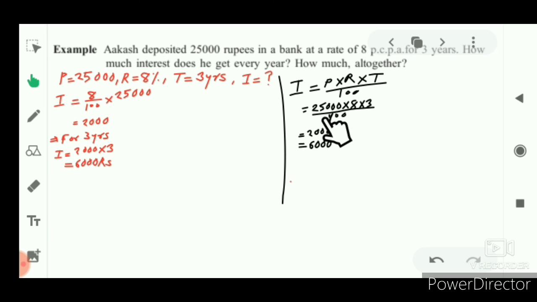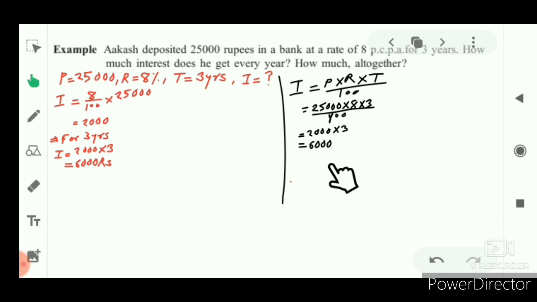So here principal amount is 25,000, rate of interest is 8% and time is 3 years divided by 100. So interest will become 25,000 into 8 by 100, that will give 2,000 into 3, that will give 6,000 rupees.